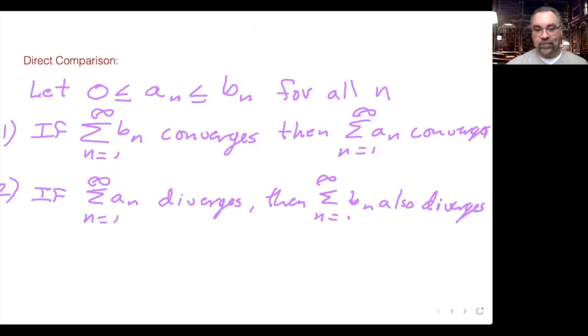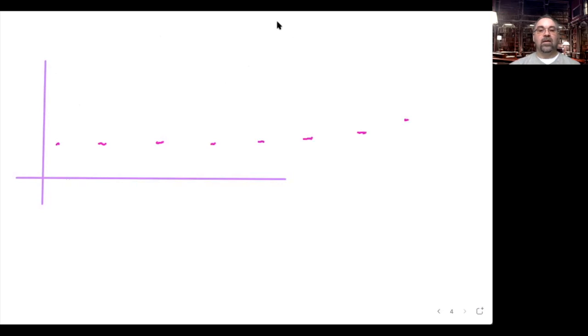Makes sense, right? Because if you think about that, now if we imagine the same kind of scenario, here's my axes again. This time, A sub n is doing something like this, and B sub n is always greater than that.